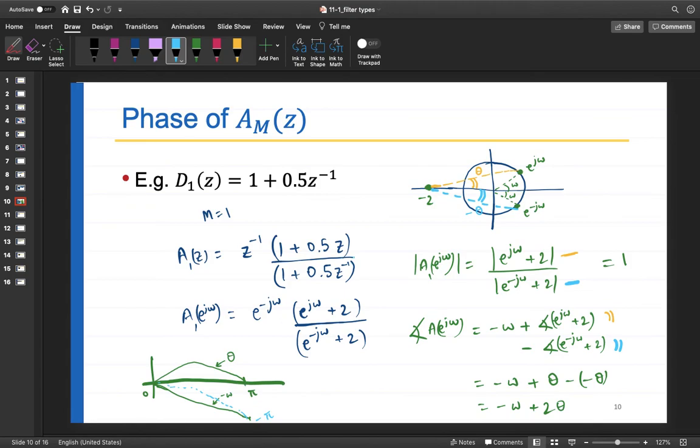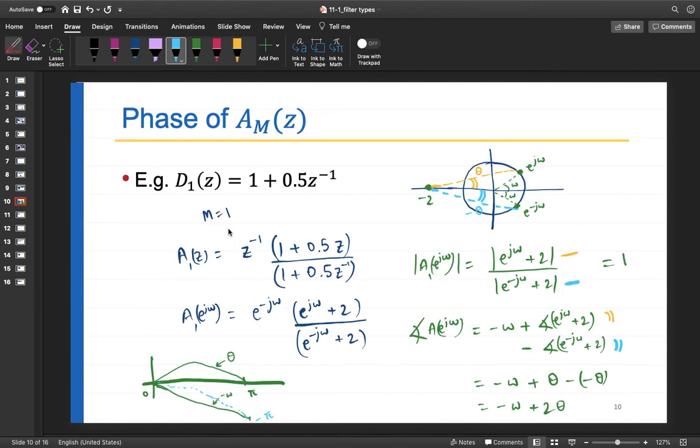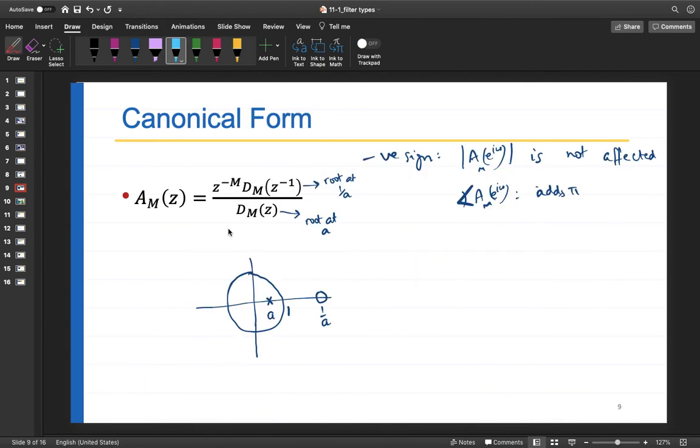So that is the idea, that my phase plot, my phase is decreasing. And for a general A_M(z), the angle at 0 is 0, right? When ω is 0, then the angle is 0, as you can check here, when z is e^0, basically 1.